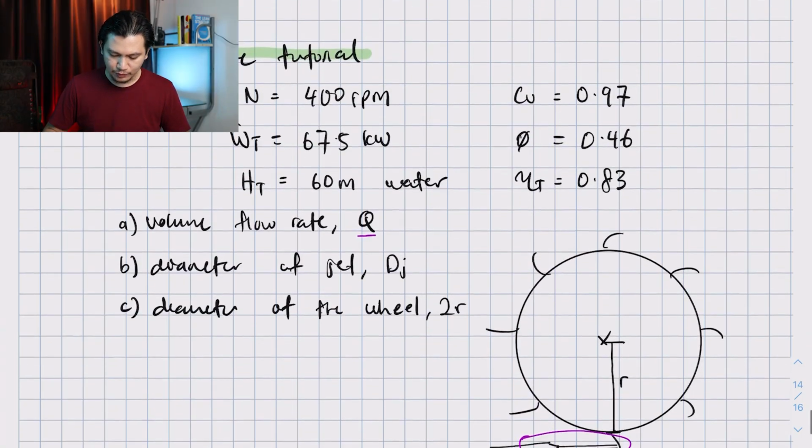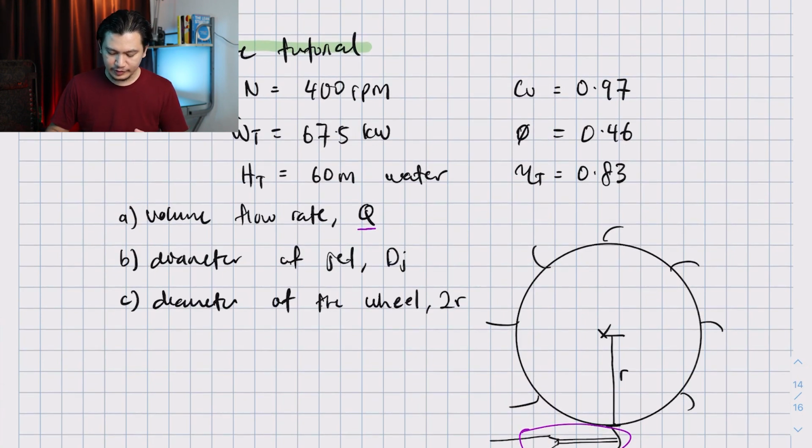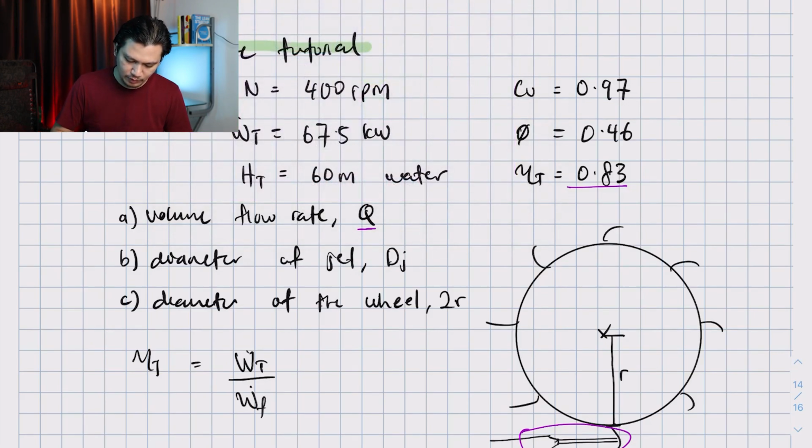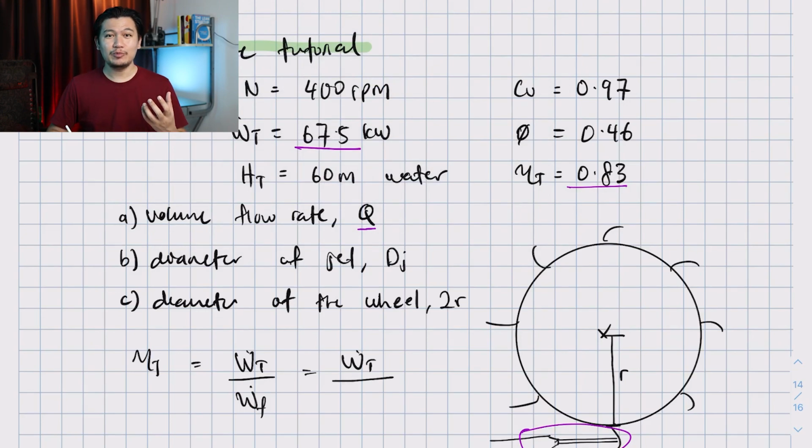Judging from the information that we have, a very useful thing is the turbine efficiency. Let's write the equation for turbine efficiency. This is the work output of the turbine divided by the work input from the fluid, so eta T is W dot T over W dot F. We have the value of W dot T, which is 67.5 kilowatt, and W dot F is simply rho G Q HT.